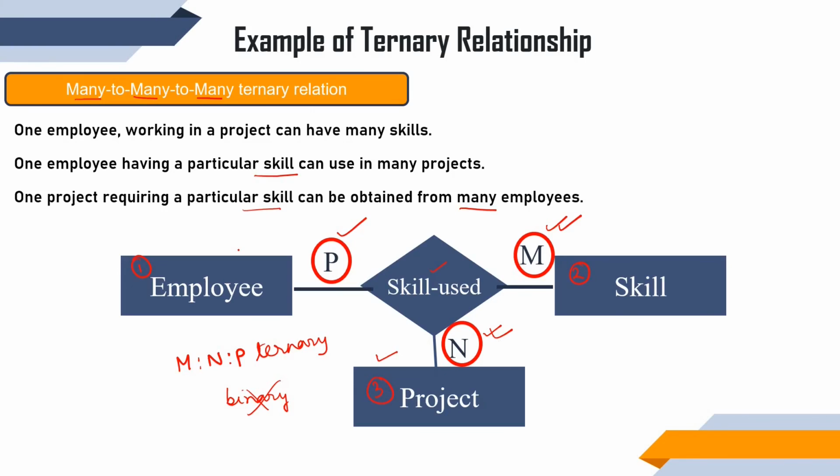So far we have seen 1:1, 1:many, or many-to-many, which are binary relationships where two entities were involved. But here I have shown you a ternary relationship where we find out the cardinality of that kind of relationship as well.